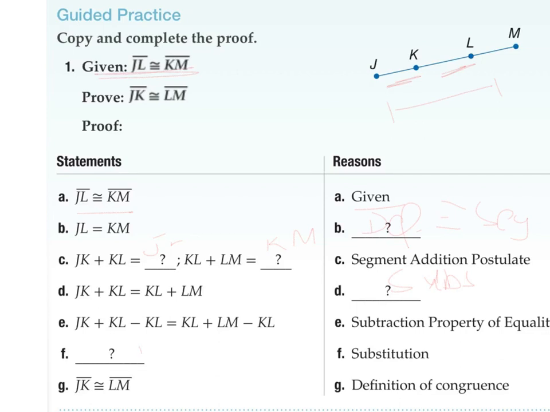So this guy is JK must equal LM. Substitution. Okay, and then obviously the last one, which is G, is what you need to prove. Okay, so your proof is the segment JK is congruent to the segment LM. Simple, easy, we'll see.